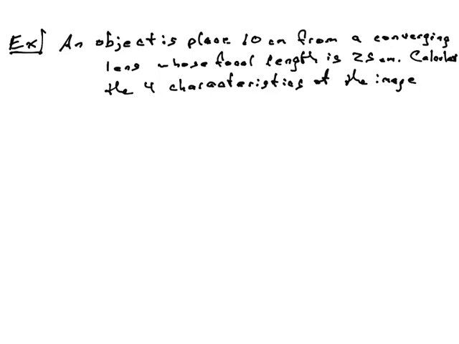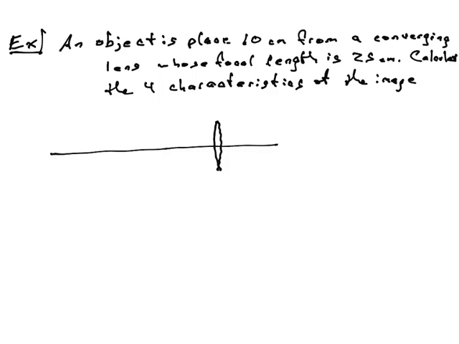First thing, and also let's try to draw it. We should be able to draw this too. You're probably going to be asked to draw the ray tracing. So we start with the principal axis. There's the principal axis. Here's our lens. Converging lens means it bulges out, so it looks like this. Where's the focal length?